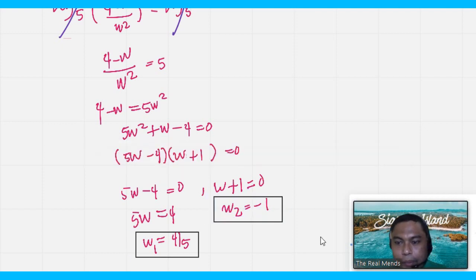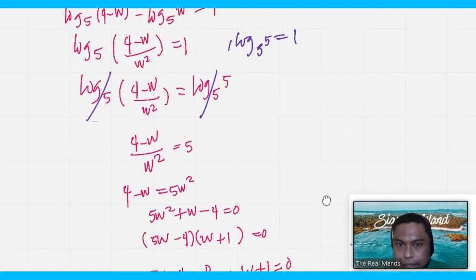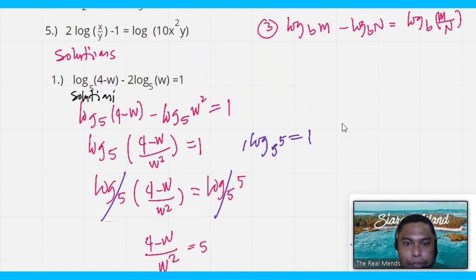Okay, and then again, a brief review. For the first part, we need to use the properties number one, and for this portion we use properties number three. After that we're going to aim to have the common base of 5. We all know that log base 5 of 5 is just equal to 1.